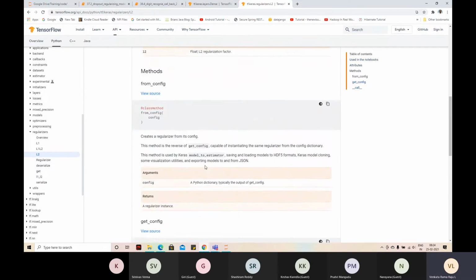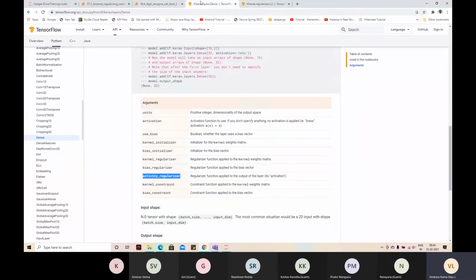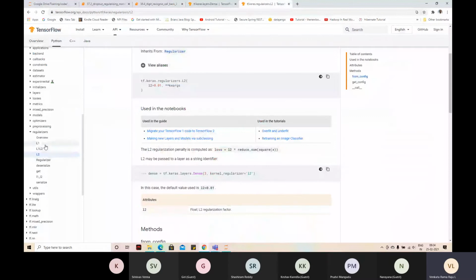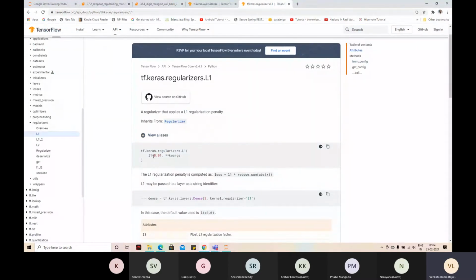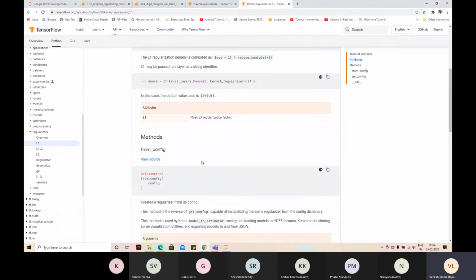Where is the parameter here? Yeah, see this L2. They changed the variable name here. If I run this code, it will throw an error. They changed it to L1 and L2. You run the code and see. I already uploaded the files there. Previously, it was L only.